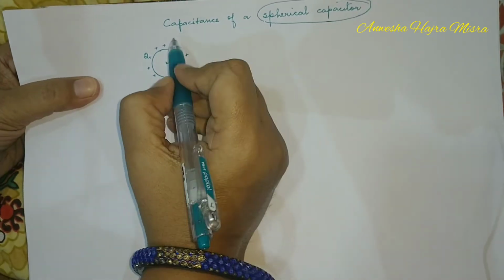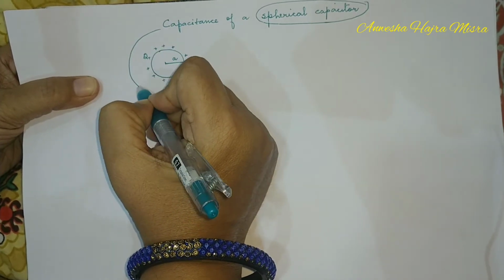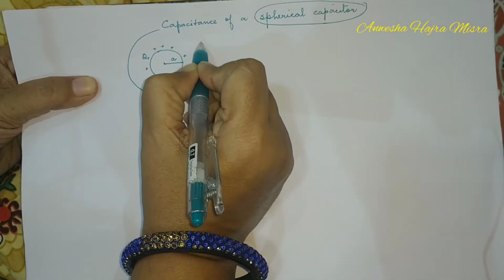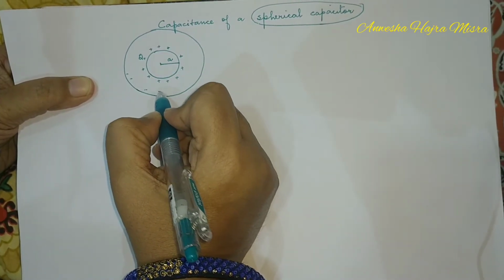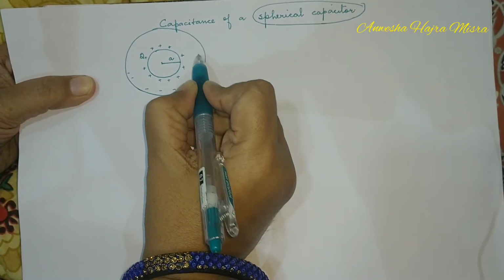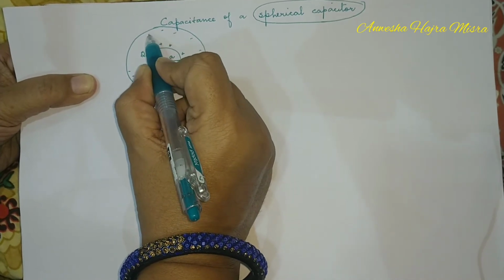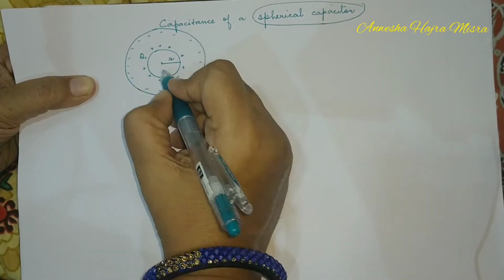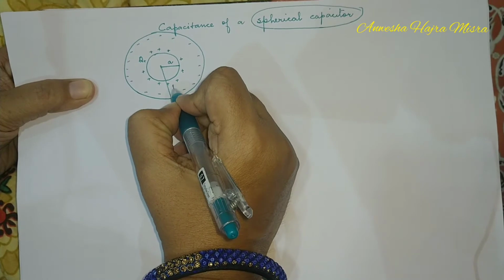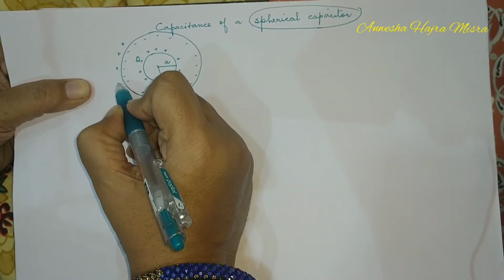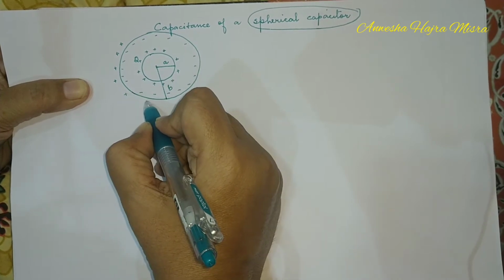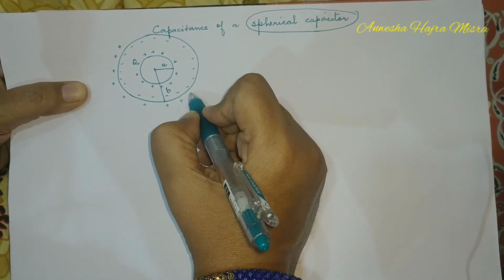Now I bring another conducting body over here. What will happen? Negative charge will be induced on the inner surface of this conducting body whose radius is b, and positive charge will be induced on the outer surface of the body.